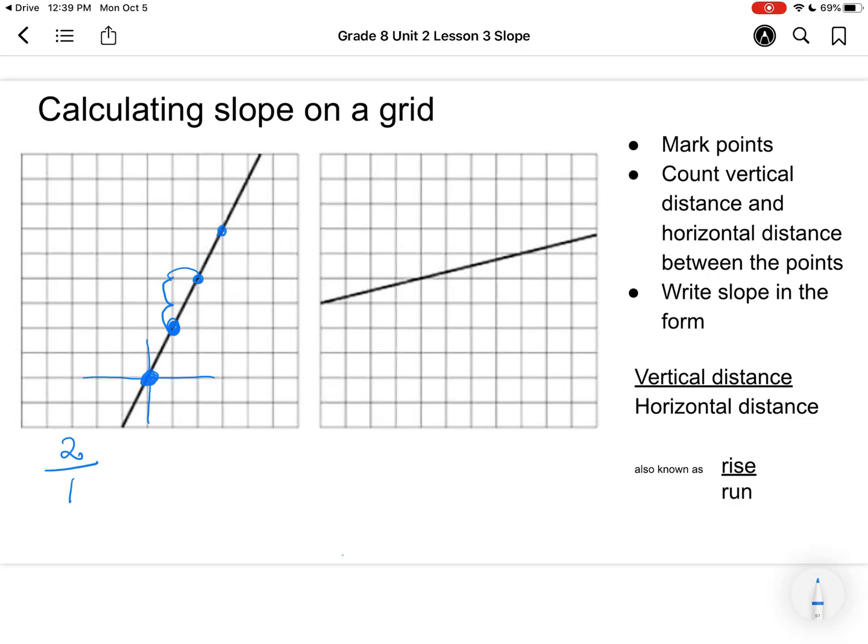So my slope there is 2 over 1, or just 2. And looking at the second graph, I've got a point here, here, and here. So let's count the vertical distance is 1, and then horizontal is 4. So the slope there is 1 over 4.